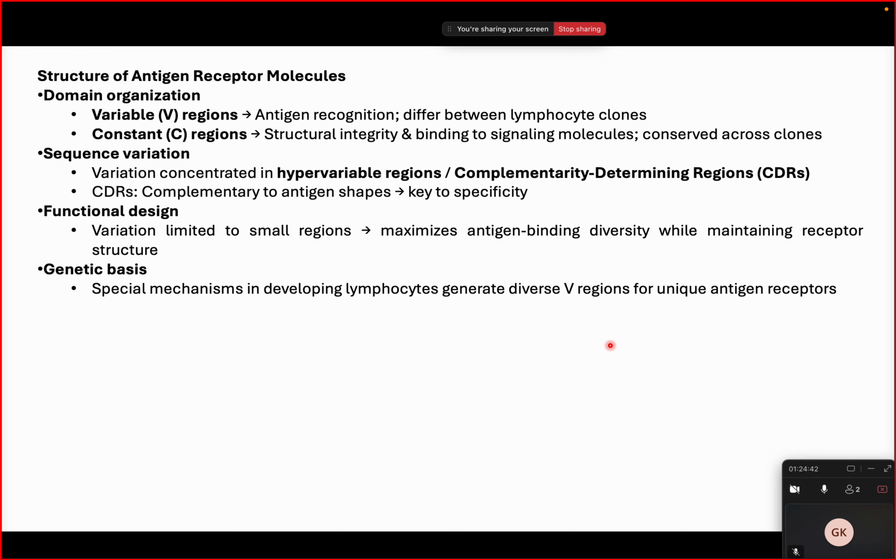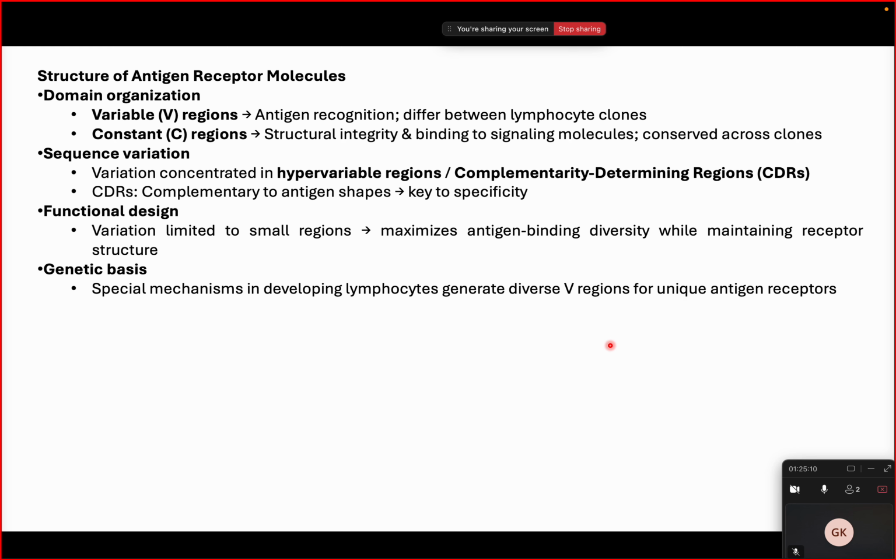Then, if we talk now about where this variability is coming from, because at the end of the day they all are proteins, right? The variability will come from the change in the amino acid sequence. If they're conserved between two antibodies, it means they are close together. If the sequence of the protein or the amino acids is different between two proteins, it means they're coming from a different source. Okay.